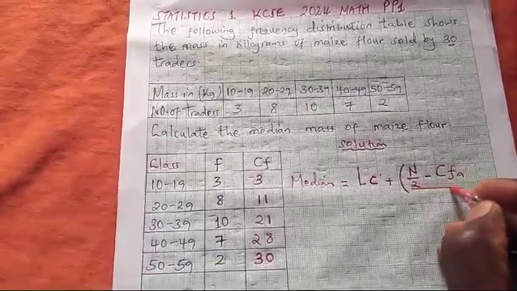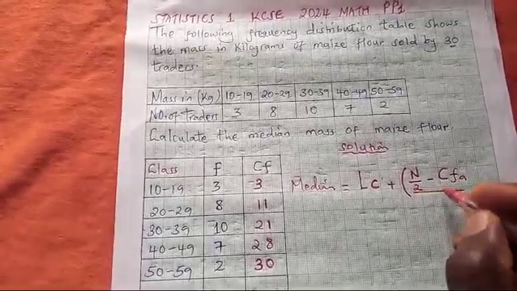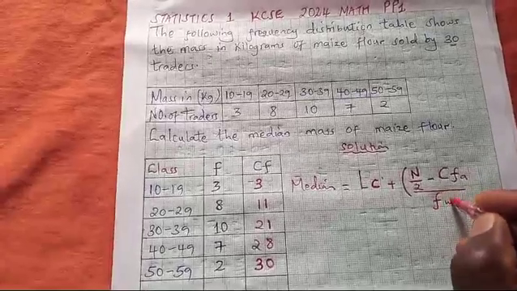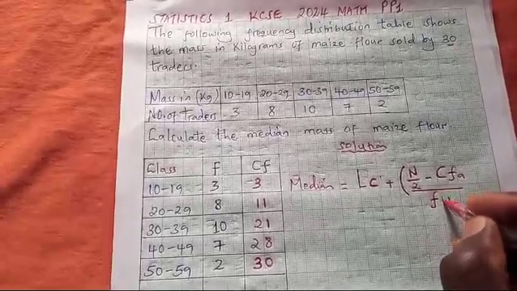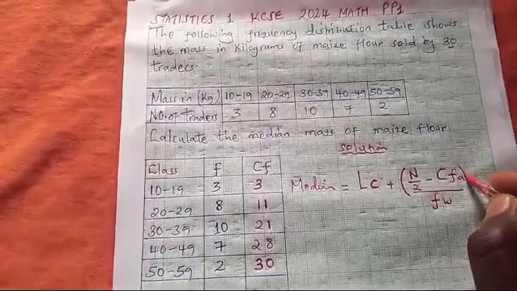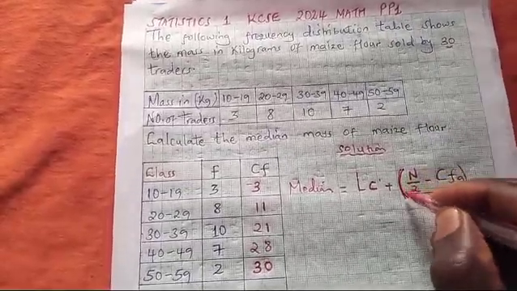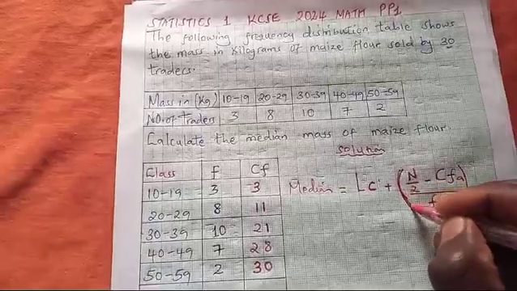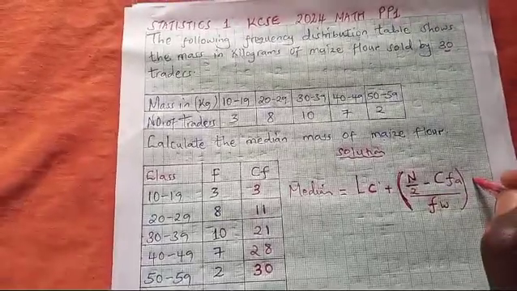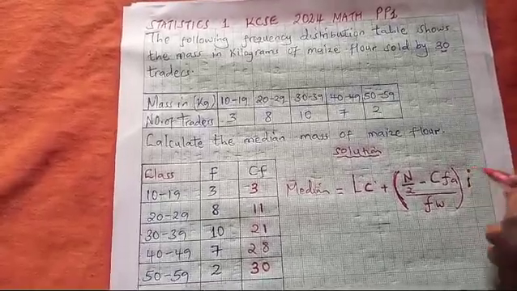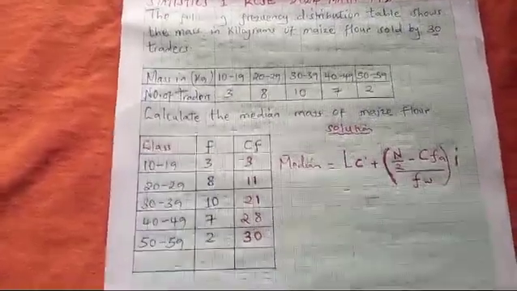Then you divide this by the frequency within that class, then you multiply everything by I, which is the class interval.